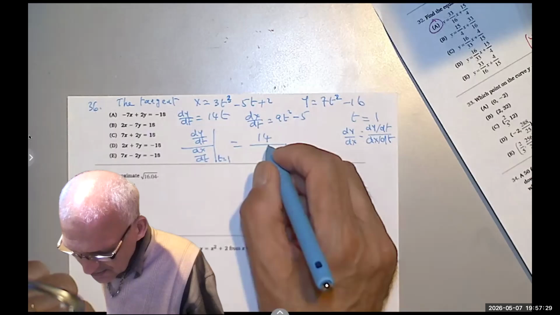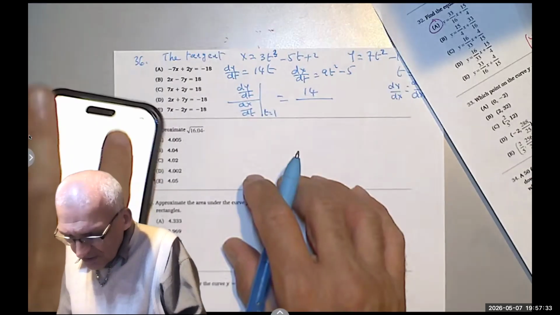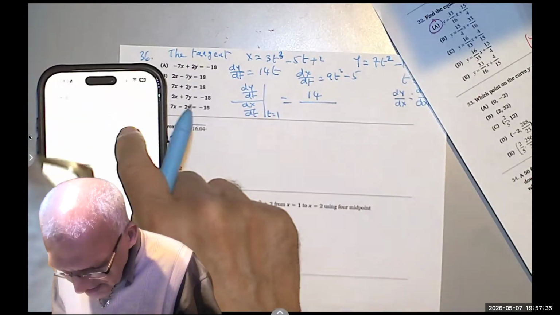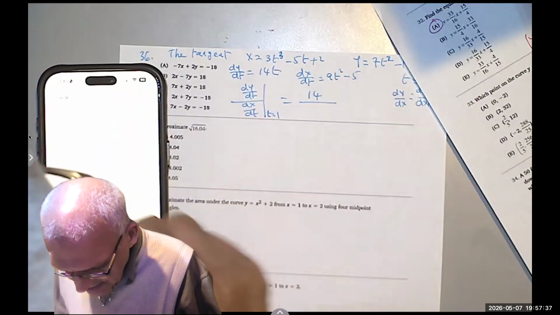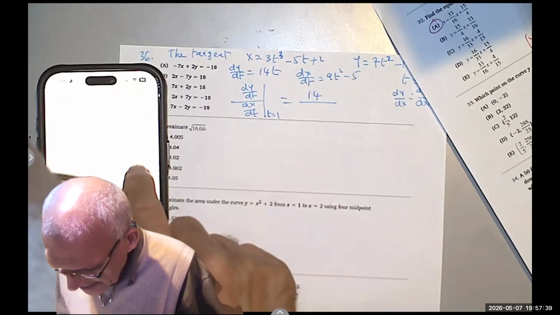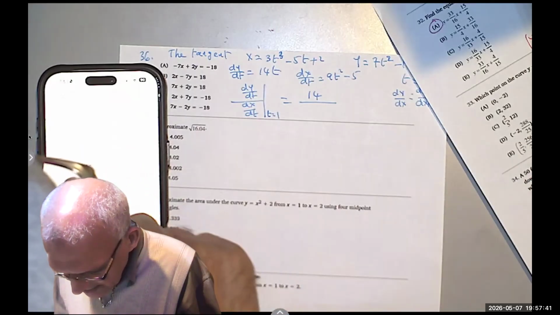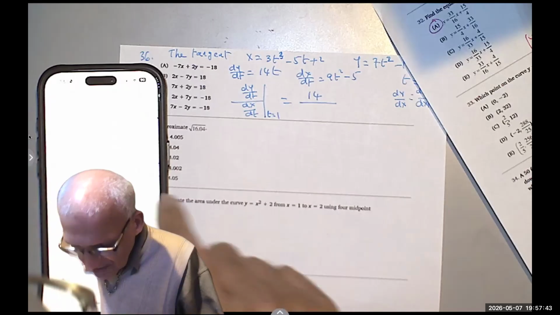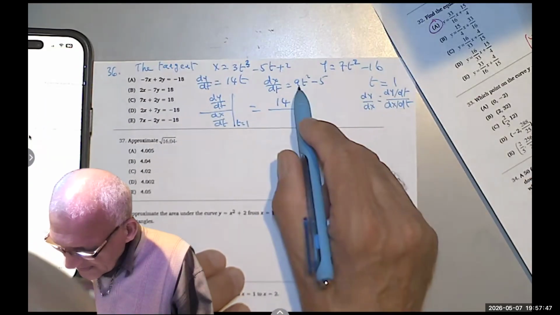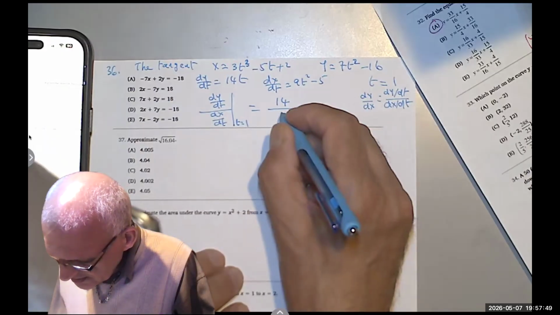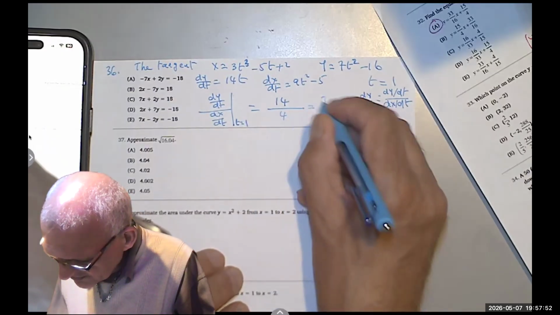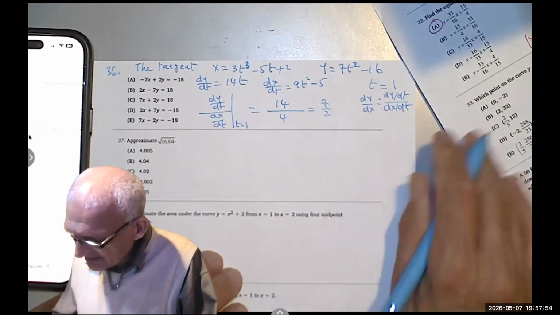What? They should say find the equation. They didn't say that. They say the tangent to a curve described by this is what? Oh, so they want the equation of that line. And 9 minus 5 is 4, so 14 over 4 is 7/2. The slope is 7/2.